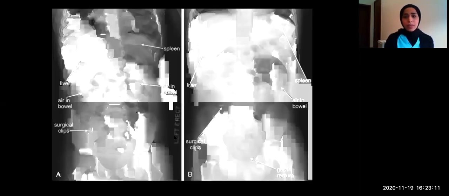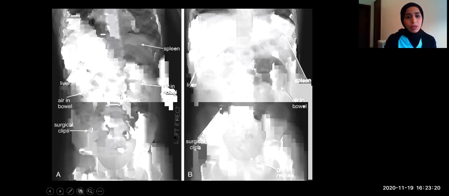This is the normal radiograph for a pediatric age group patient, showing you the normal distribution of the gas in the center of the abdomen and the periphery, central related to the small bowel, and the periphery usually the pattern of the large bowel loops.